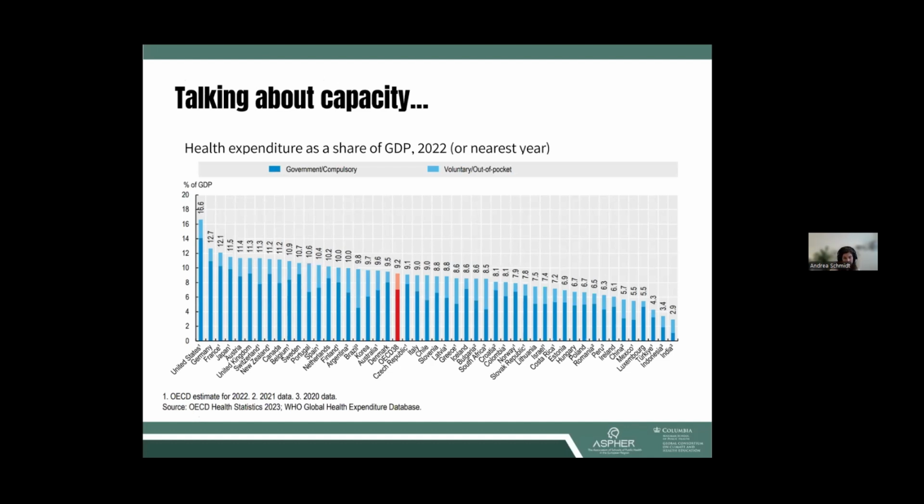I'm taking here the example of financing. If you look at this, you can see that, and these are OECD countries mainly, the health expenditure as a share of the gross domestic product ranges from 2.9% up to 16.6% of GDP.